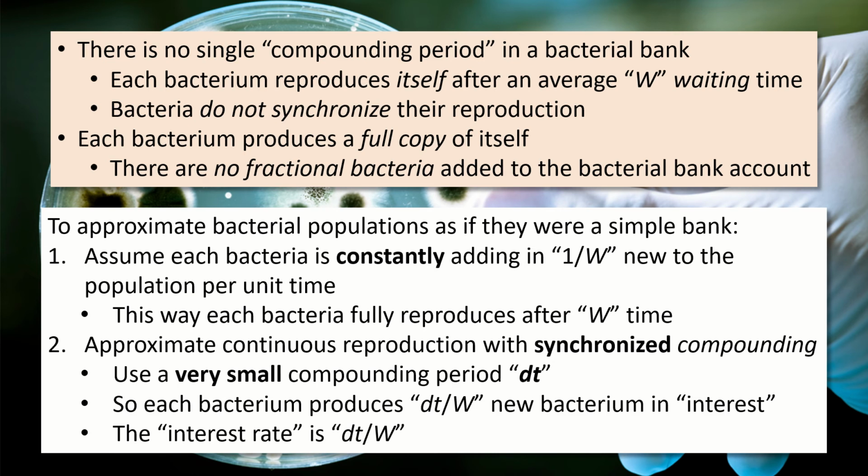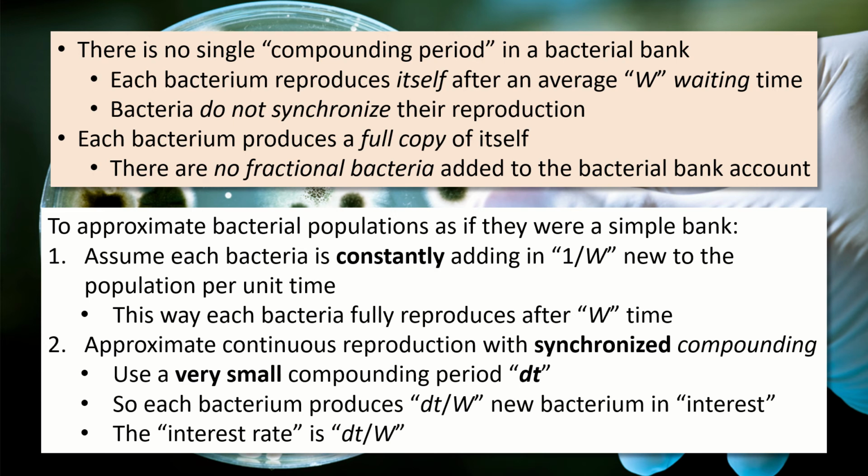So instead of continuous reproduction, where each bacteria is continuously reproducing asynchronously, we're going to pretend that all of the bacteria are synchronized in their oozing out period, so that every small compounding period, which I'm going to call DT, and this was a year at the bank, but I'm just going to arbitrarily call it DT here.